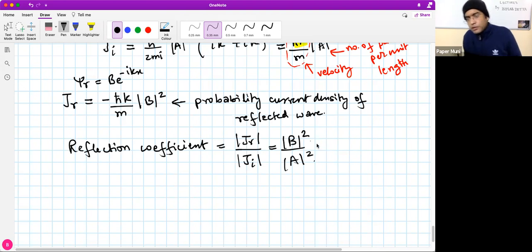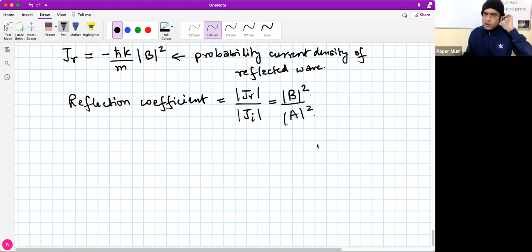Since it's not easy to calculate this during an experiment, what we resort to is measuring the probability current density. Finally we get the same thing which we had discussed in the simple example: the number of particles getting reflected divided by the total number of particles incident. All right, so let's talk about the probability current density of the transmitted wave.